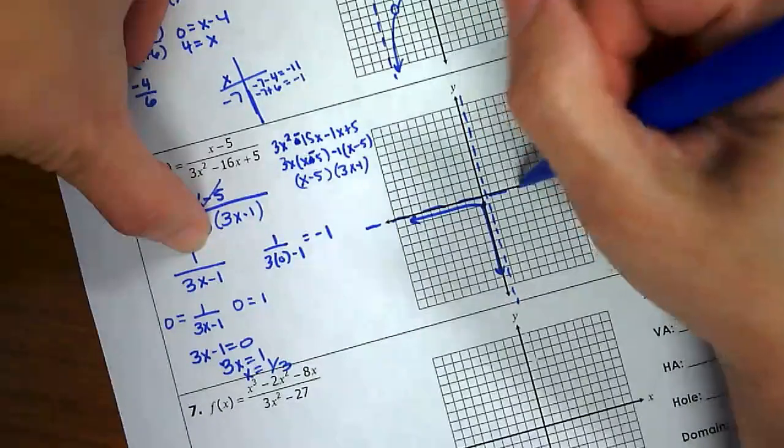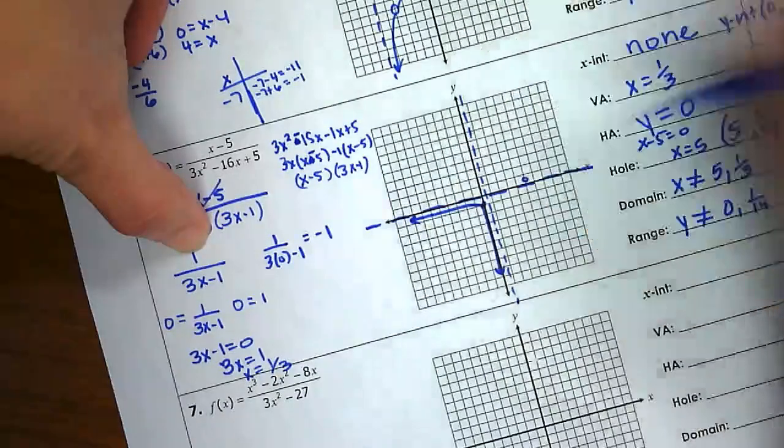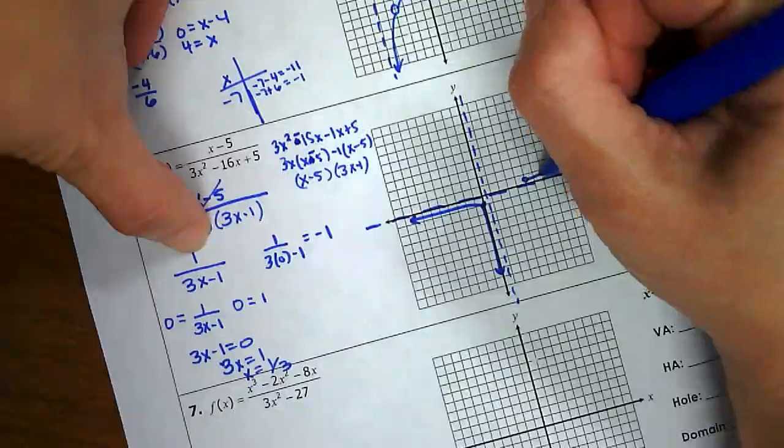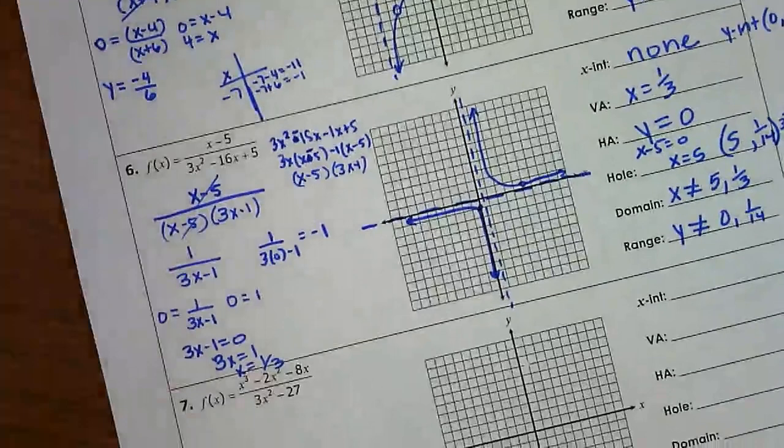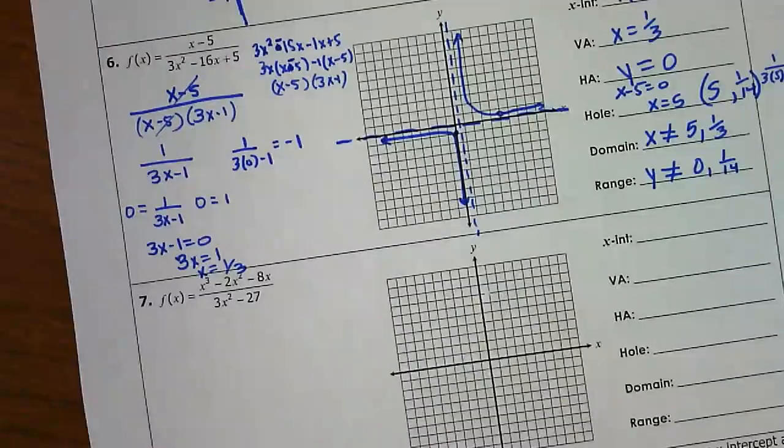I have a y-intercept at negative 1. So I know my graph's going to go like this. My hole is at 5, 1, 2, 3, 4, 5, and it is barely up there, so it's super close, like that. Alright, I'm going to stop this video here.